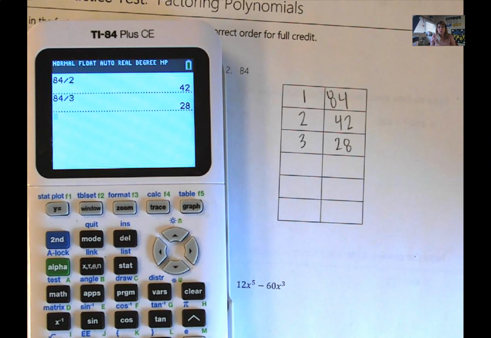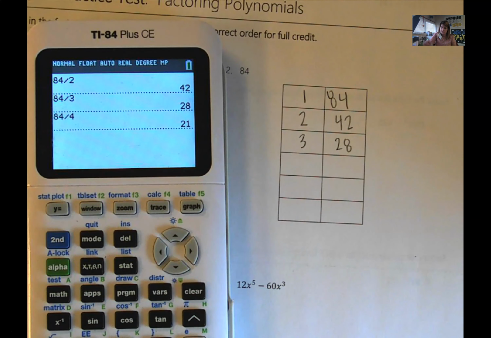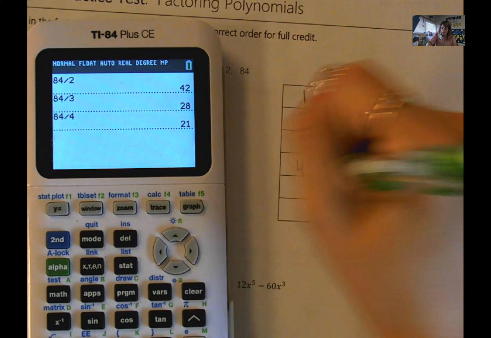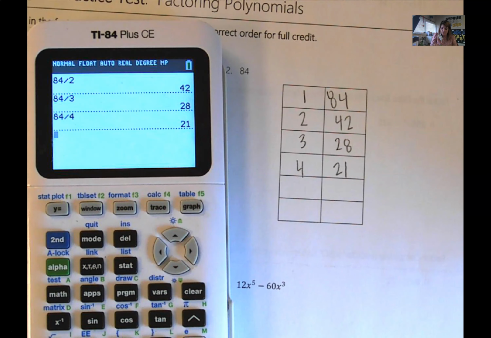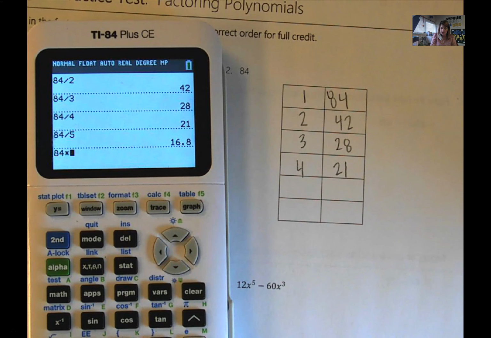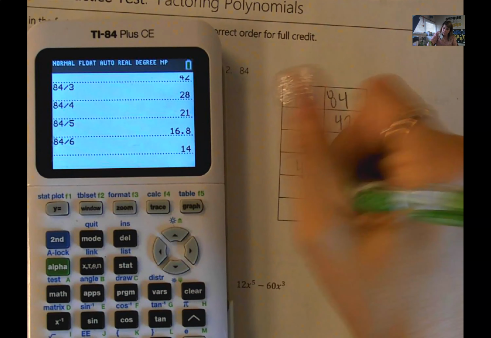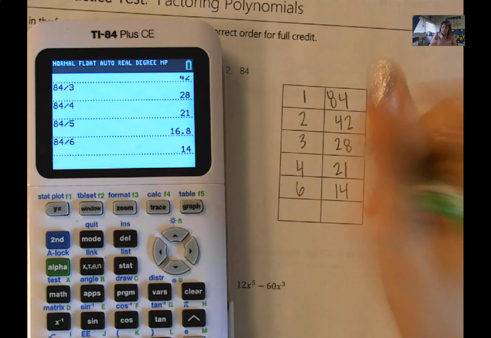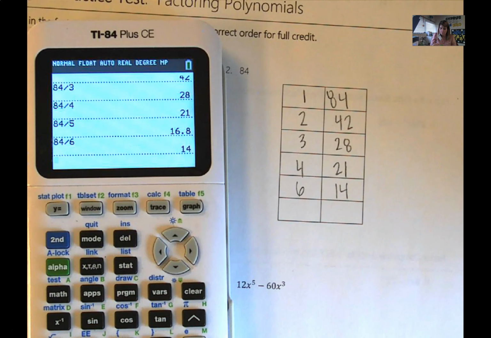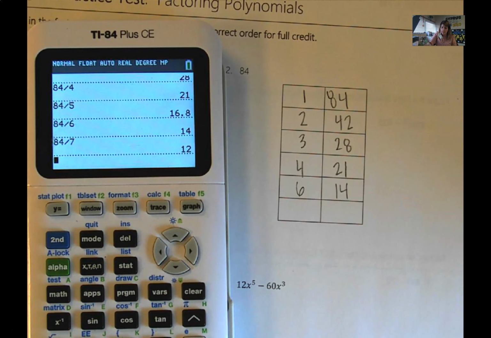So 3 times 28 is 84. Then I check 4, 4 and 21. I check 5. 5 doesn't work because it's a decimal. I check 6, 6 and 14. I check 7, 7 and 12.